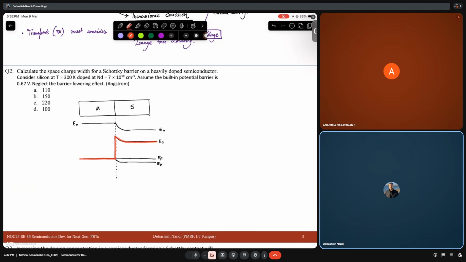Fine. So, sir, again, the same question. I have shown all the depletion. So what is the type of semiconductor? It is P type, right? Yes, sir. If it is P type, how is it: depleted, accumulated or inverted?